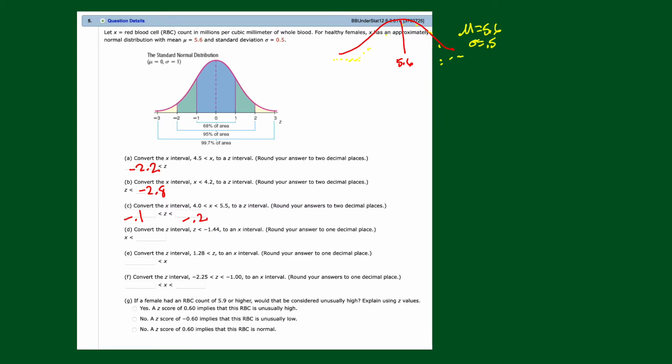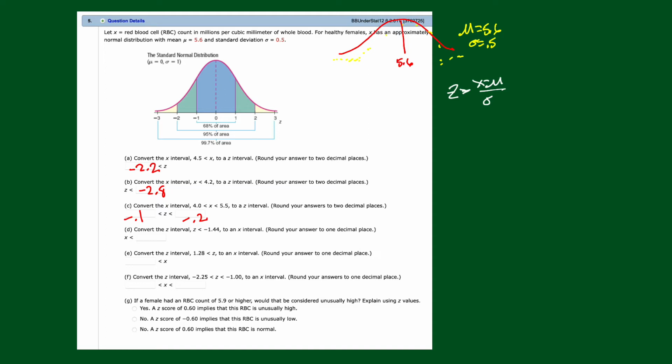Part D asks us to convert the z interval, z less than negative 1.44, to an x interval. So now we're going backwards. Instead of converting an x interval to a z interval, we're going z to x. So I need a converter. There's our converter: z is equal to x minus mu over sigma.